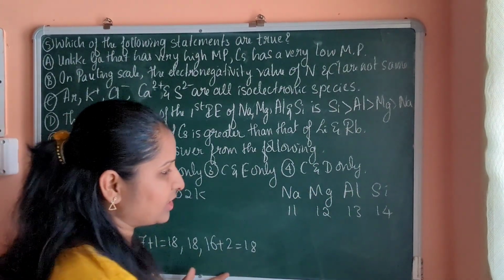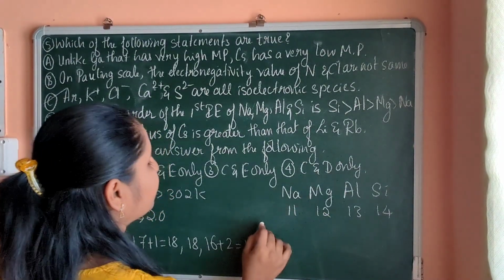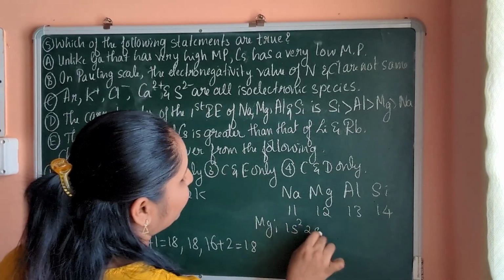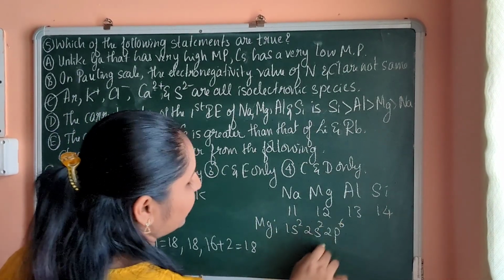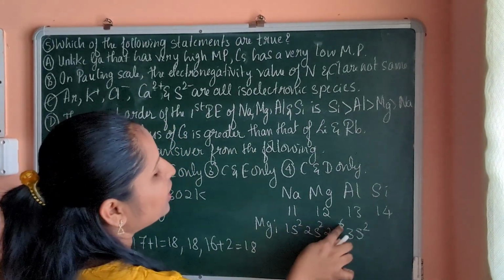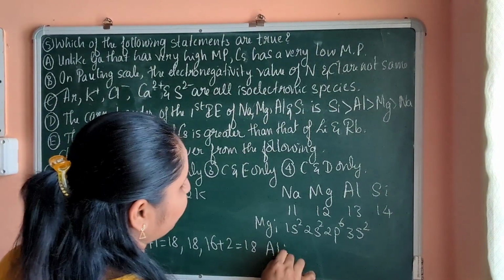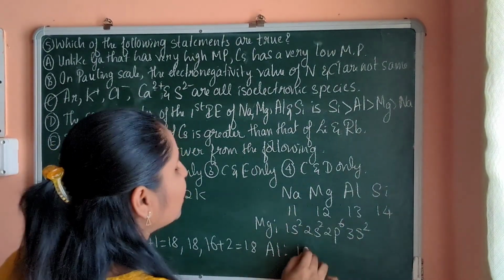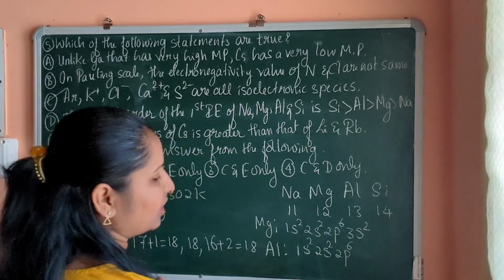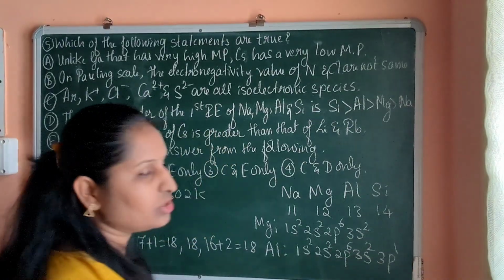But here we have to consider the electronic configuration again. For magnesium, the electronic configuration is 1s2, 2s2, 2p6, then 3s2. Atomic number 12, so 12 electrons are present. Then for aluminium, with atomic number 13, it is 1s2, 2s2, 2p6, then 3s2, then 3p1.